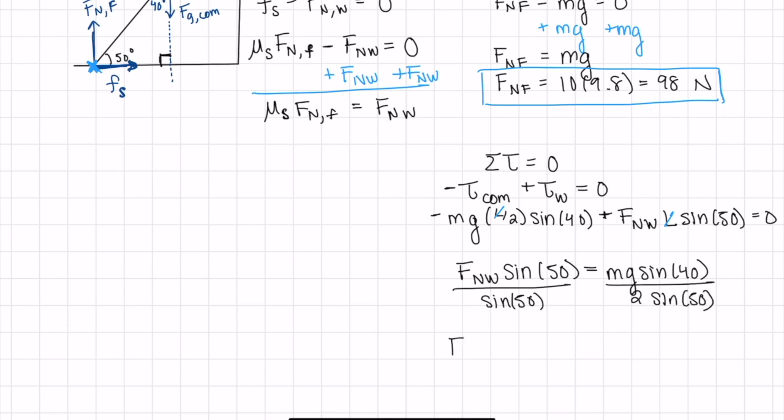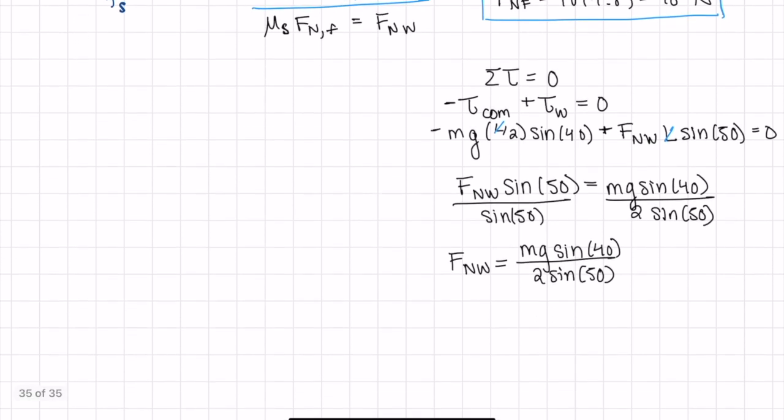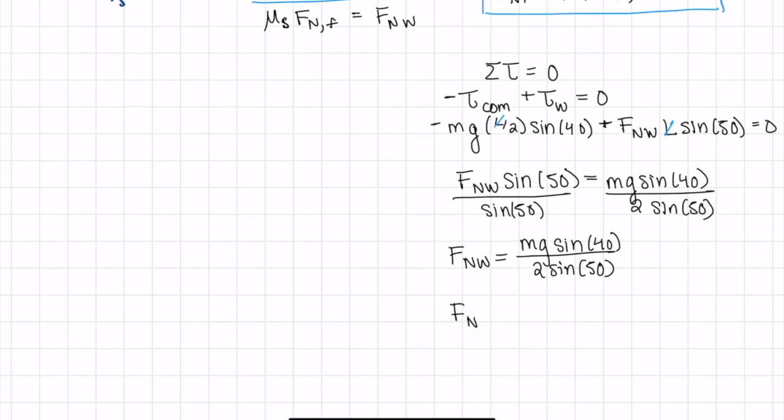And then we have an expression for the normal force from the wall. So mg sine 40 over 2 sine 50. And then we could go ahead and plug in our mass and g. So 10, 9.8. And this gives me that the normal force from the wall is going to be 41.1 newtons.